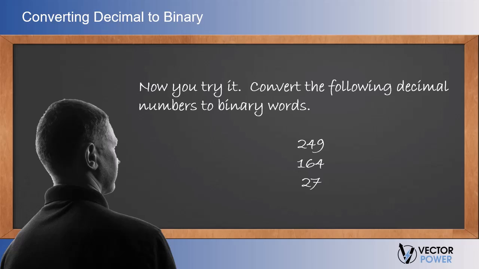All right, now you try it. Convert the following decimal numbers to binary words: 249, 164, and 27.